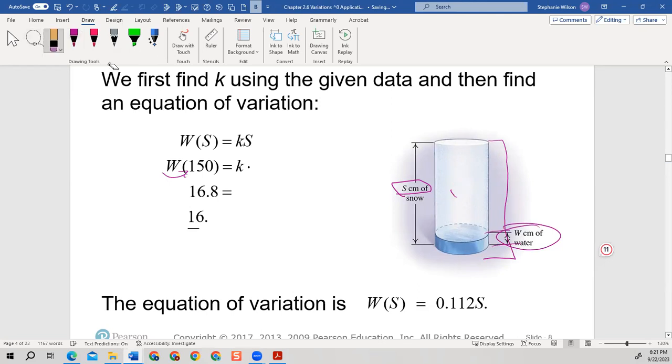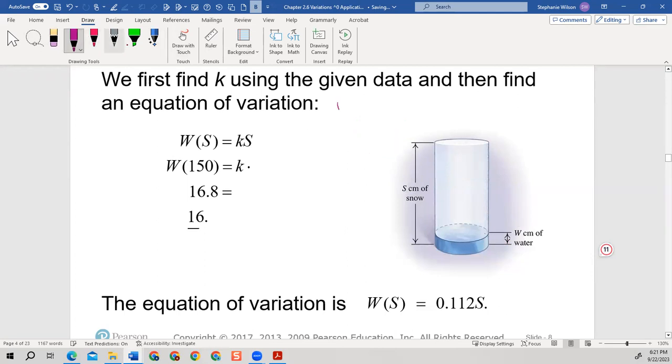We need to find the constant k in order to find the 200 part. My apologies, guys, I just misspoke to you.